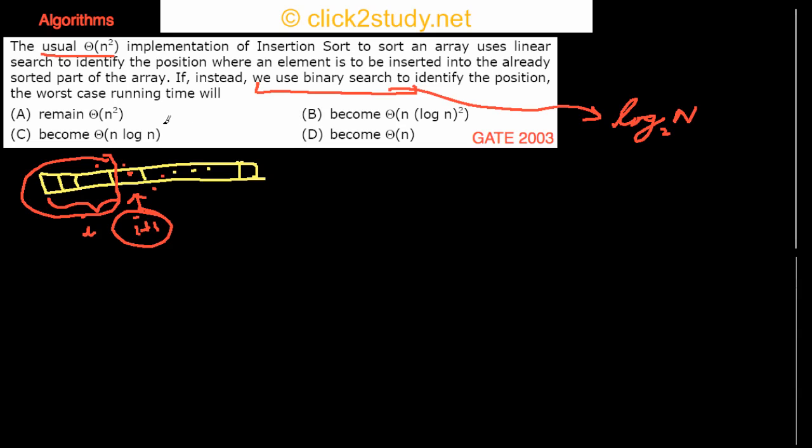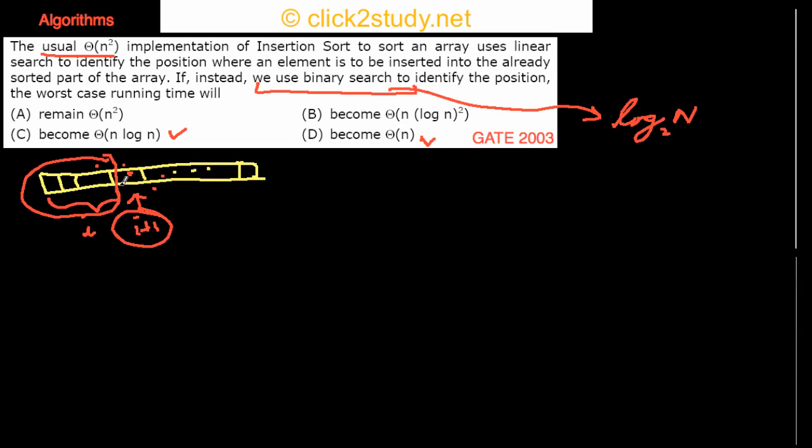So will it improve the time? Will it make it theta n log n, improving from theta n square, or will it still be theta n square? That's the question. It might appear in the beginning that, oh wow, this is binary search and we can really do it fast, but it turns out that you cannot do better than that.